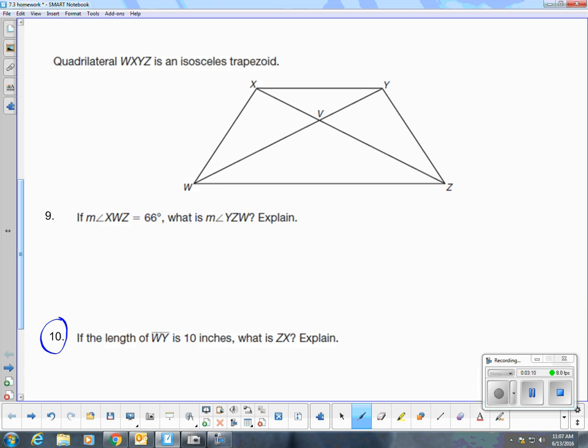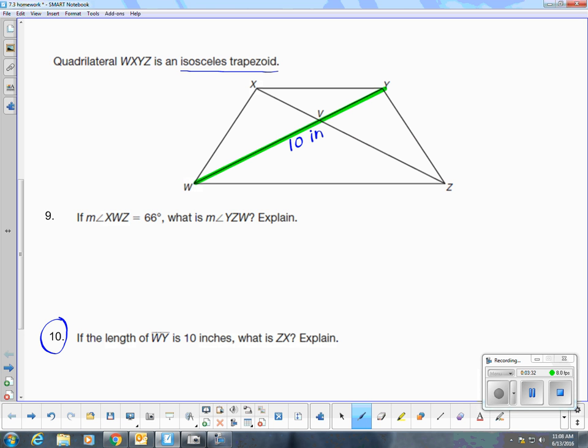Number 10, the length of WY is 10 inches. And this figure is an isosceles trapezoid.